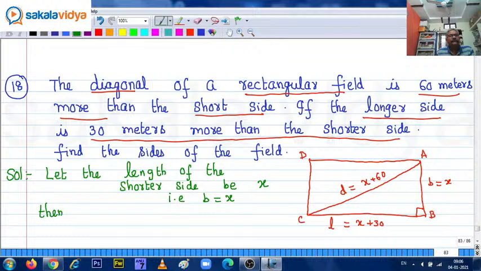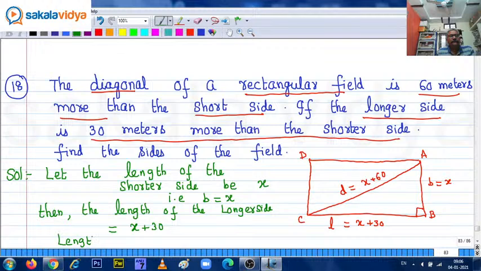Then the length of the longer side is 30 meters more, that is x plus 30. Next, the length of the diagonal will be 60 meters more than the short side, that means x plus 60.